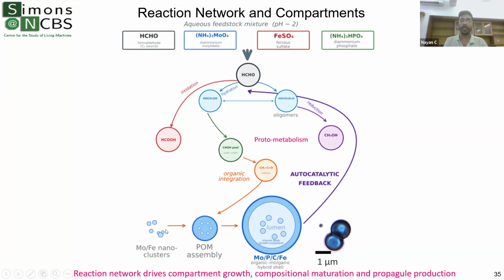And overall, these POM inorganic clusters and the polyols that are generated from the formaldehyde interact and phase separate out to form these microspherical structures, which then feed back in a catalytic manner to its growth and expansion. So this is our current model for our system.